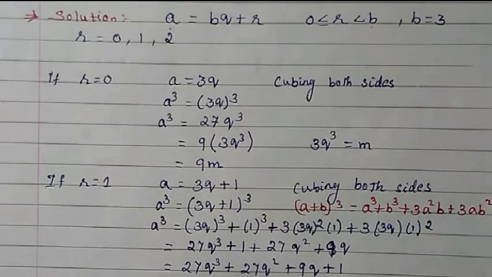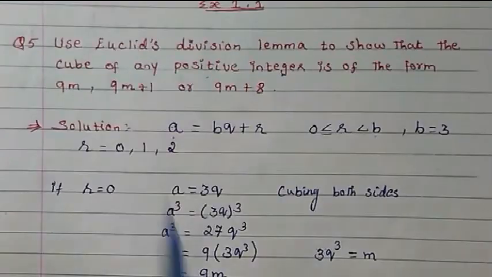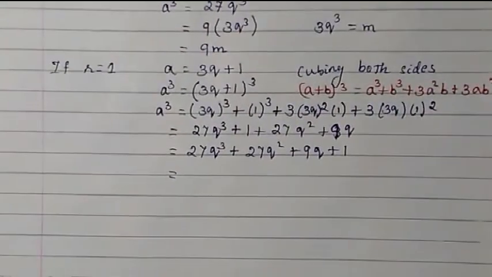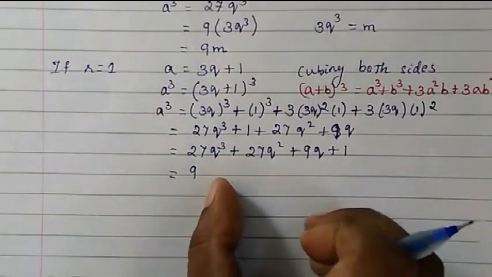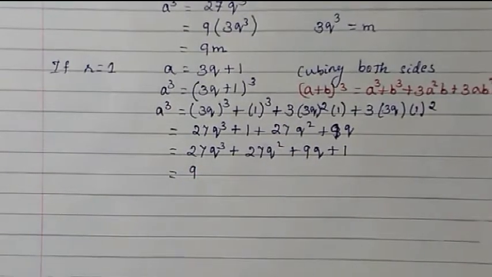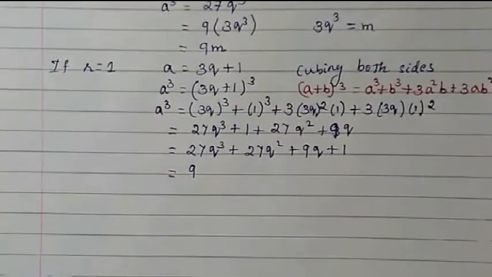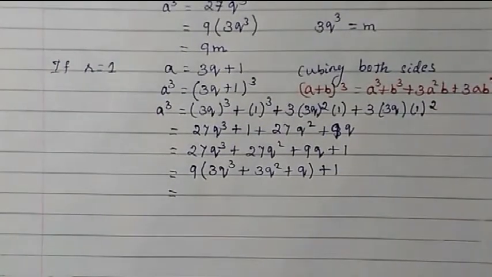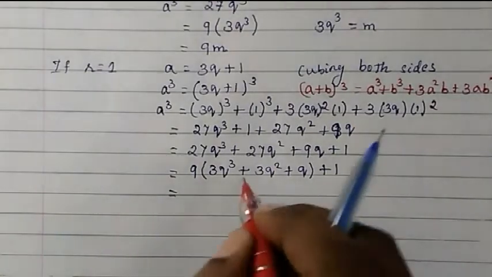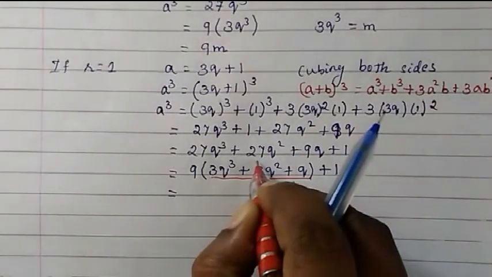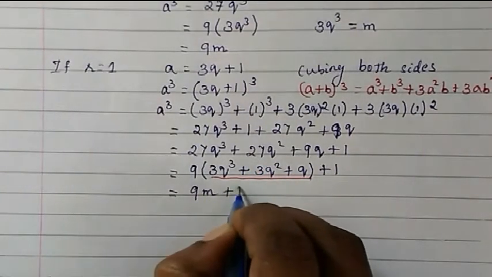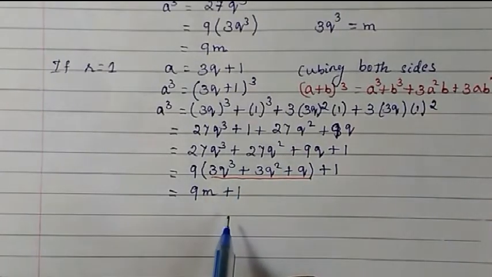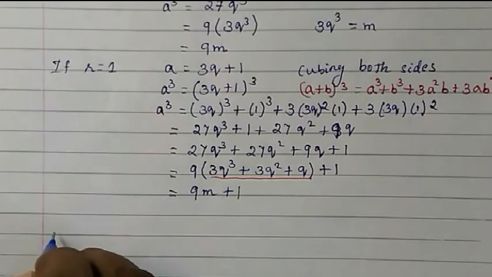Next procedure is, after cubing them, we have to write it in the form of either of these forms. Since these are multiples of 9, we'll take 9 common, and then write it down. Now the whole thing, if we consider as m, then we'll have 9m plus 1. So we got it in the desired form.